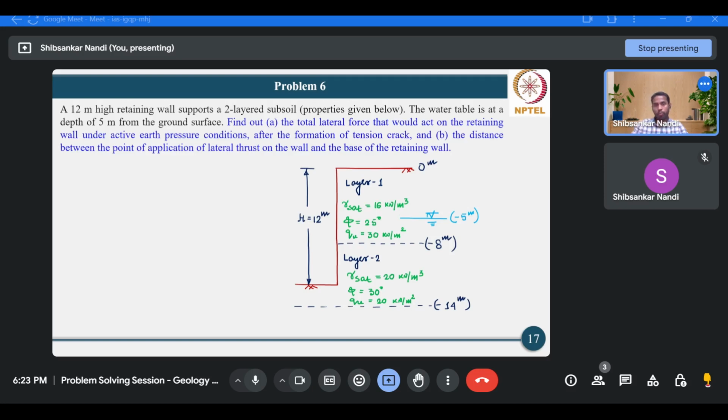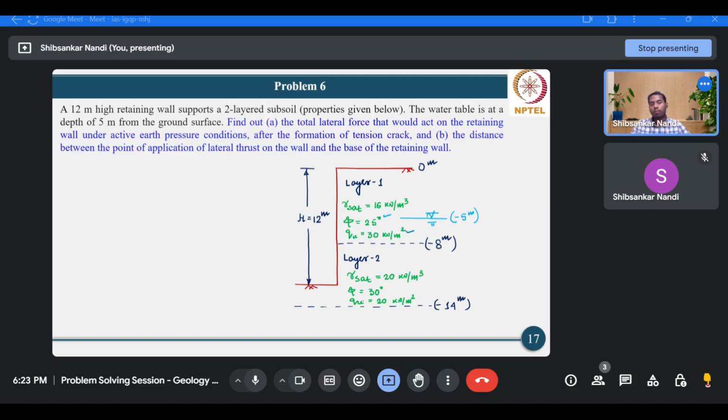So for layer 1 the properties are: gamma saturated is 16 kilonewton per meter cube, angle of internal friction is 25 degree, then the unconfined compressive strength is 30 kPa. So from here we can easily calculate the undrained cohesion or the cohesion of the soil. So this will be Qu by 2.